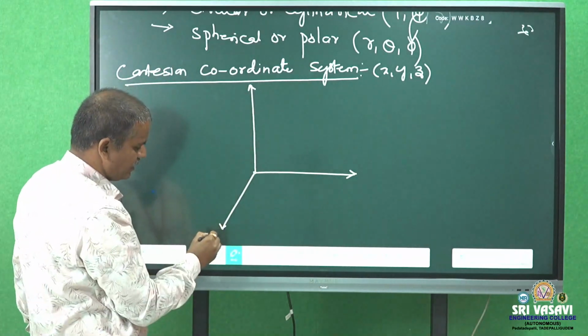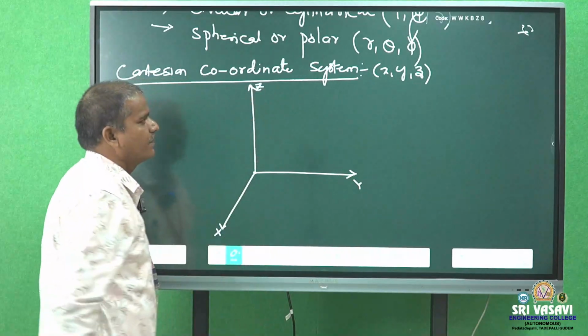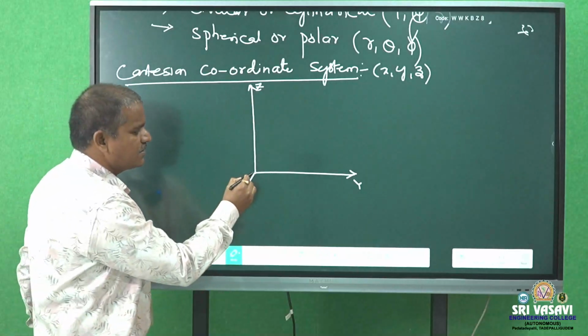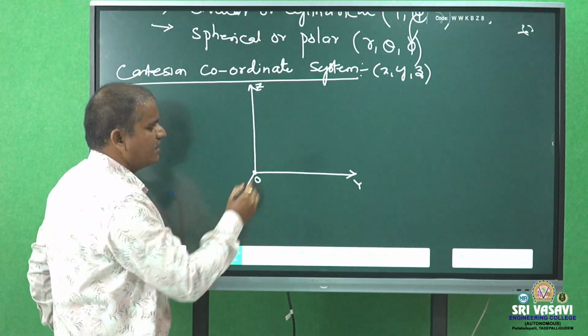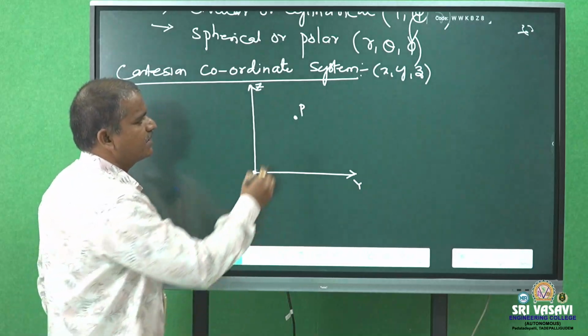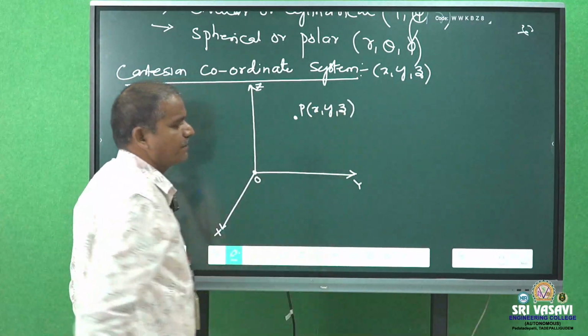This is the x coordinate, y coordinate, z coordinate. In x, y, z Cartesian, this is the origin point. Let us take point P here. I represented point P with x, y, z points.